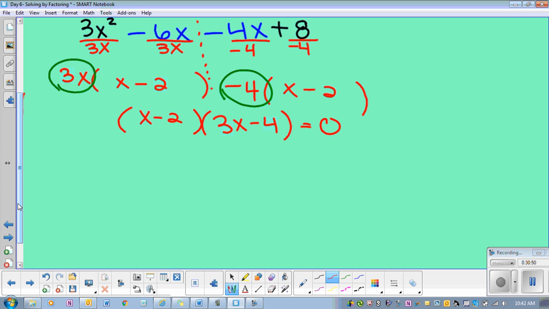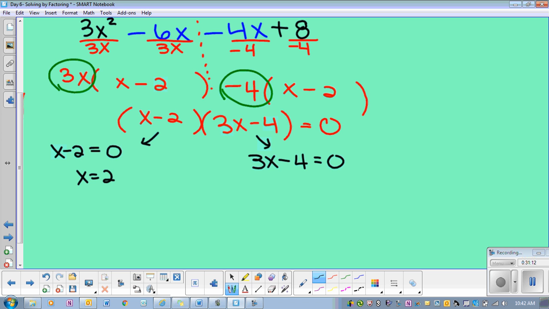So Abner, now I have factors that are equal to 0. What should I do? Good. Do your mini equations. Everybody has to get set equal to 0. So you should have x equals 2 and x equals 4/3.